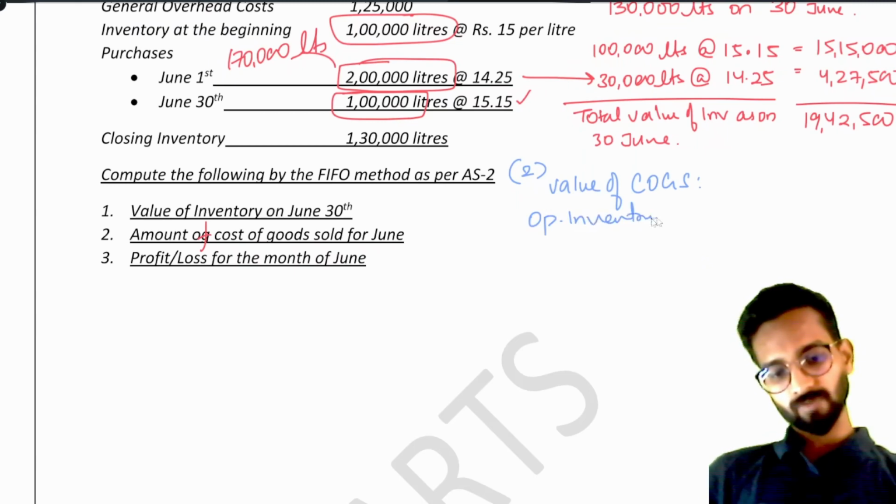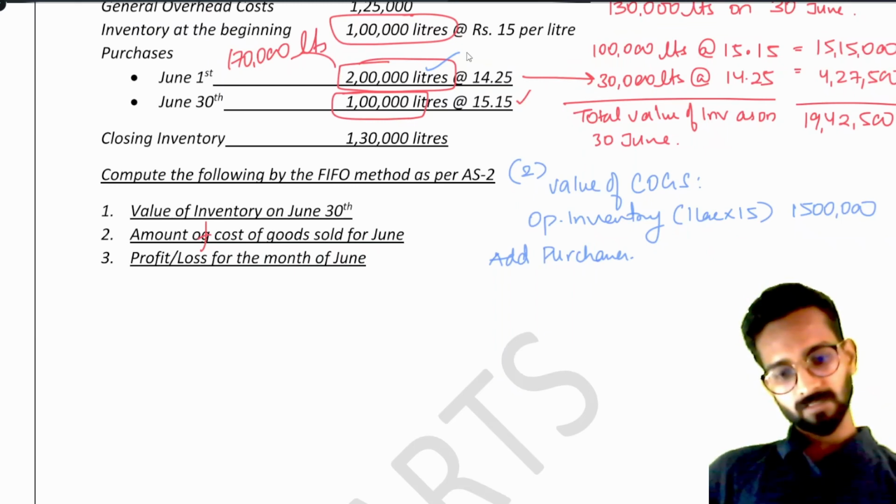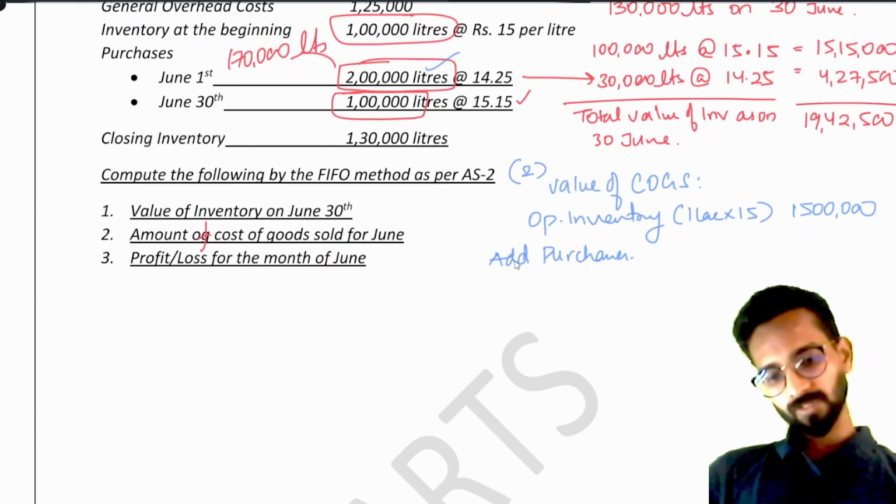So the cost for which we have sold is 1 lakh into 15, that is 15 lakhs. Then add purchases. Purchases are how much? Out of this 2 lakh, 1 lakh 70,000 is there, no? Or you can do one more thing. You can write the entire purchases, okay?